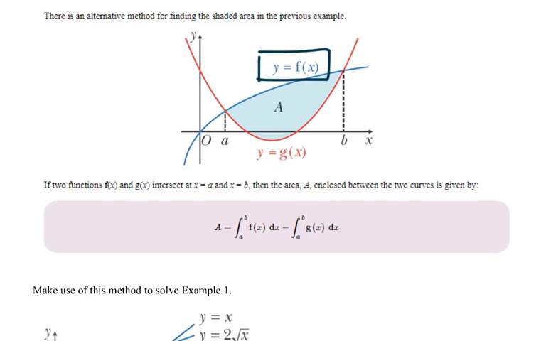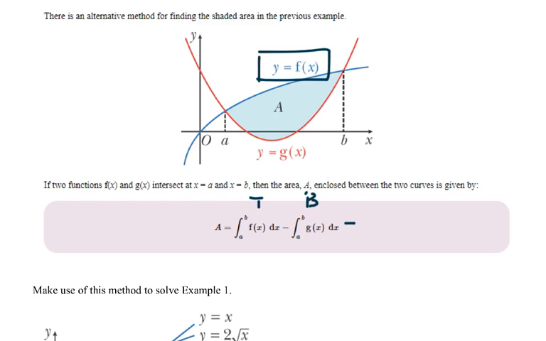So most of the time, you will get the area in between the curve and the line, or two curves, by taking the top line minus the bottom line.